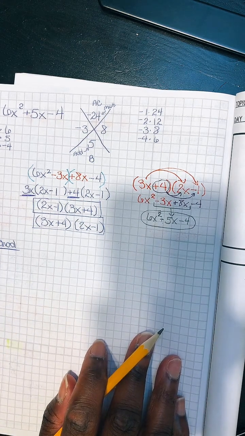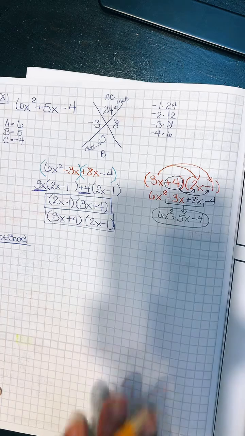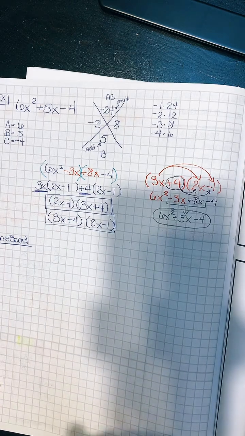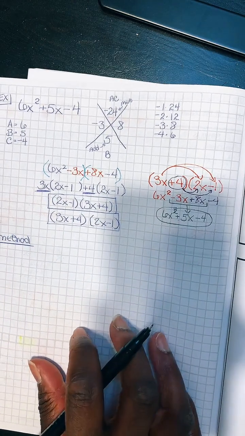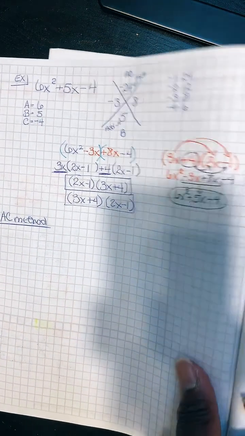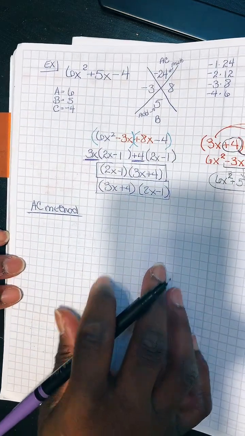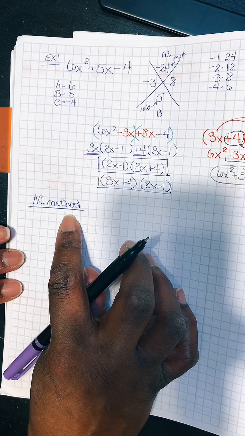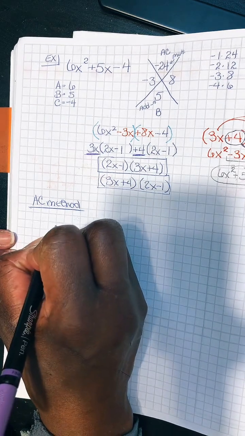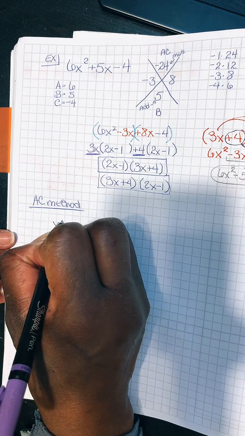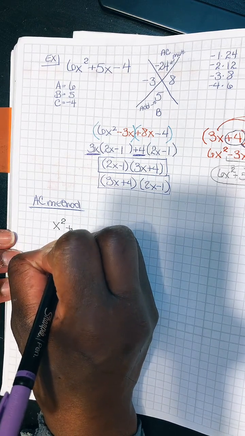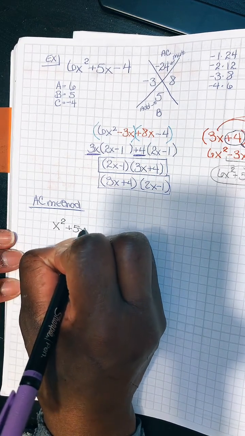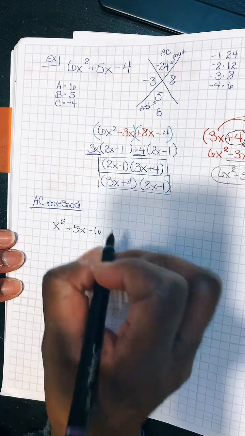All right, here we go. Now I'm going to show you the AC method. The first example that we had was x squared plus 5x minus 6.